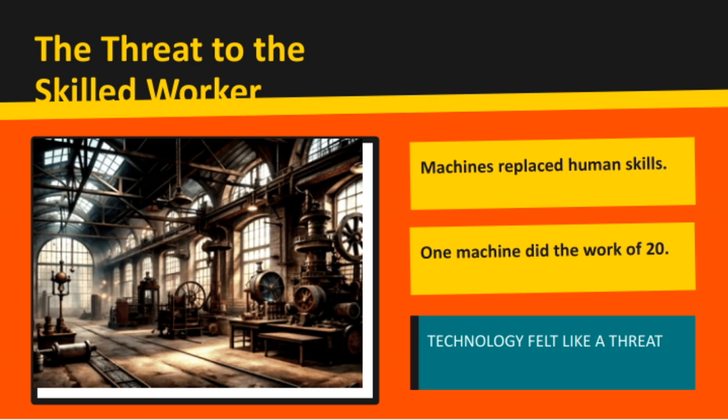It was about transforming entire roles and skill sets. So the key point here is that while technology can drive progress, it also challenges the traditional roles of skilled workers. It's a reminder that technological change can be both an opportunity and a challenge, and understanding this dynamic is essential as we look at how industries adapt over time.